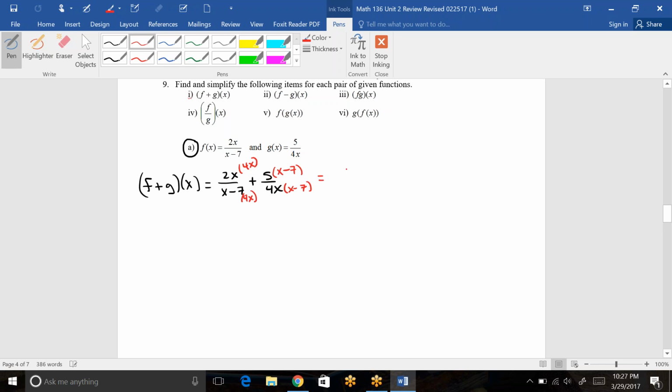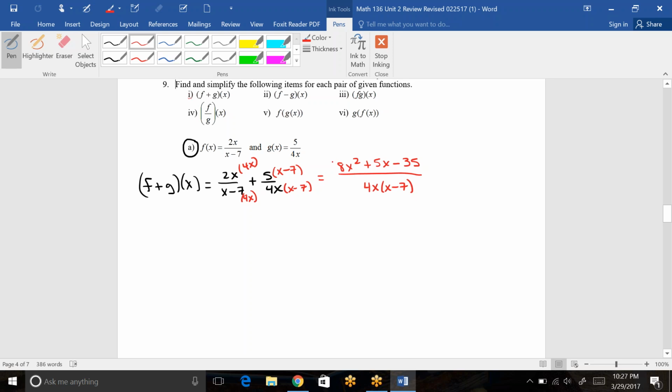So if we work that out, that would be 2x times 4x is 8x squared. I do need to distribute the positive 5 to this, so that'd be positive 5x and minus 35 all over 4x and x minus 7.